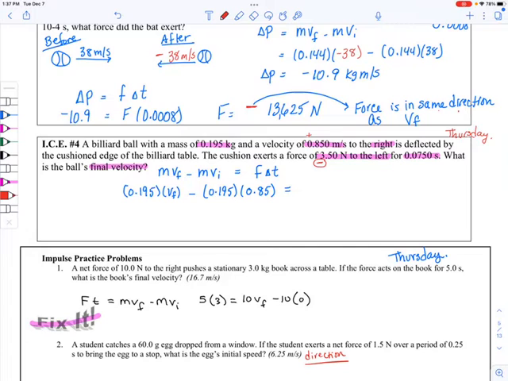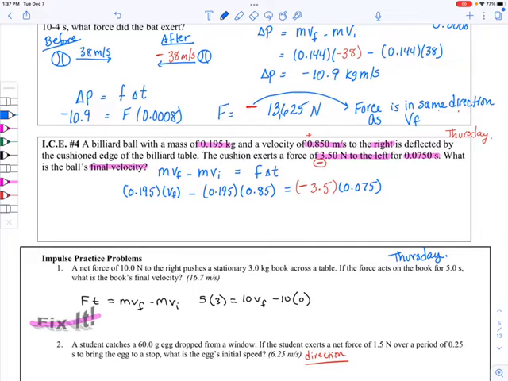Don't forget, it's negative 3.5 because it's to the left, times the time that it's exerting that force over, which is 0.075 seconds.